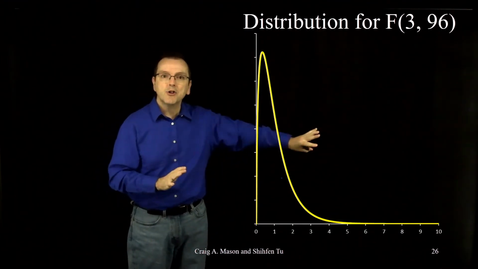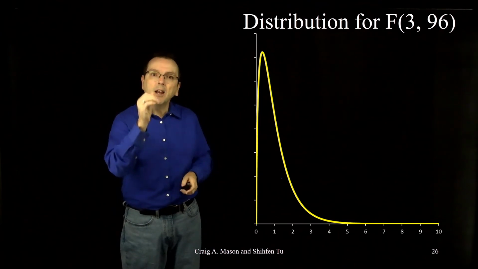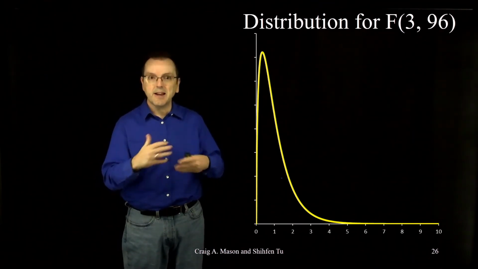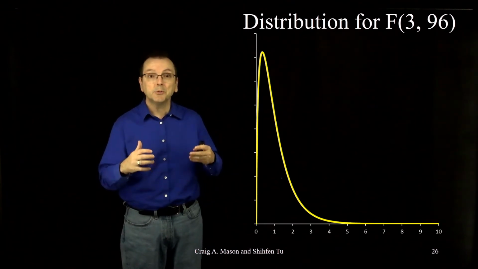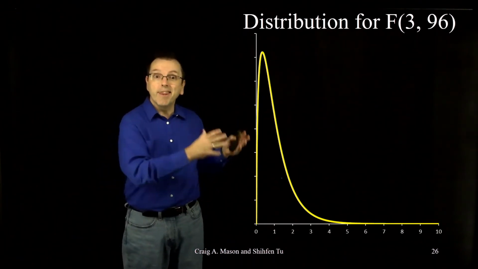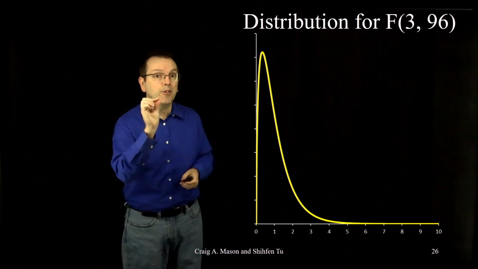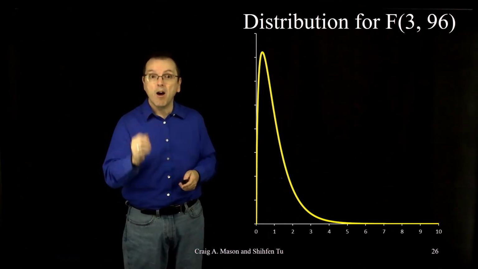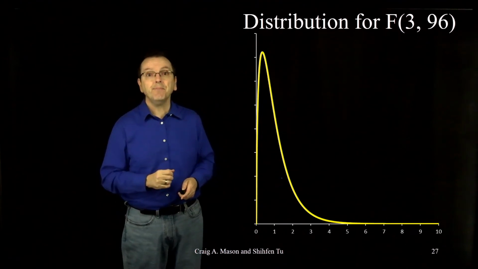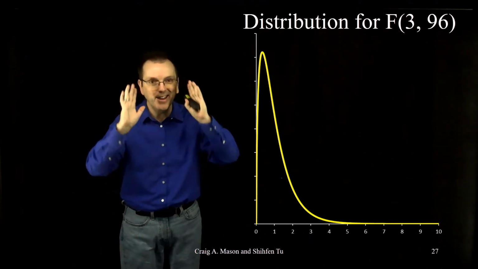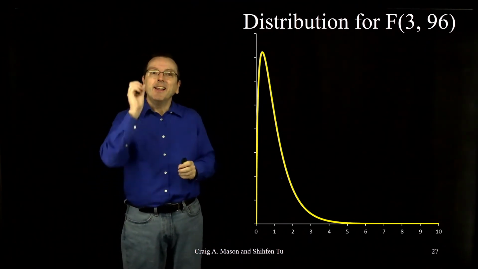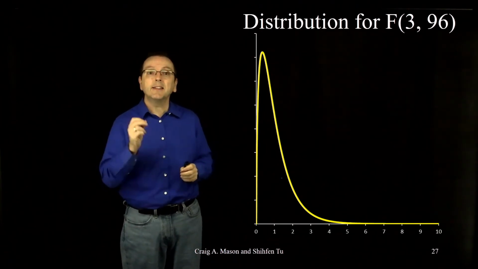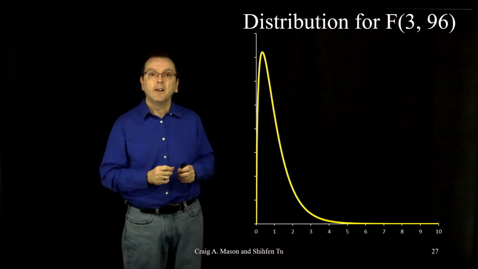The larger the F, the less likely it is that we would have randomly stumbled on samples with means that are that different if the null were true and the population means really are all the same. So let me be clear. The larger the F, the less likely it is that the null is true.